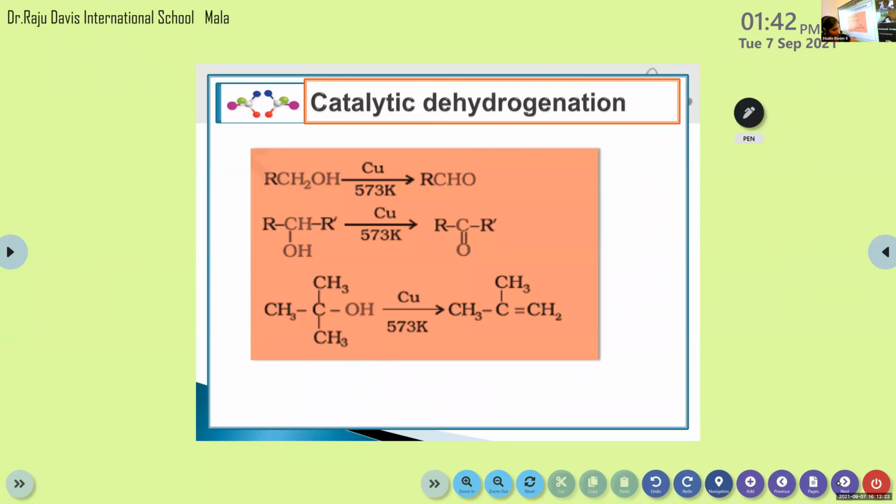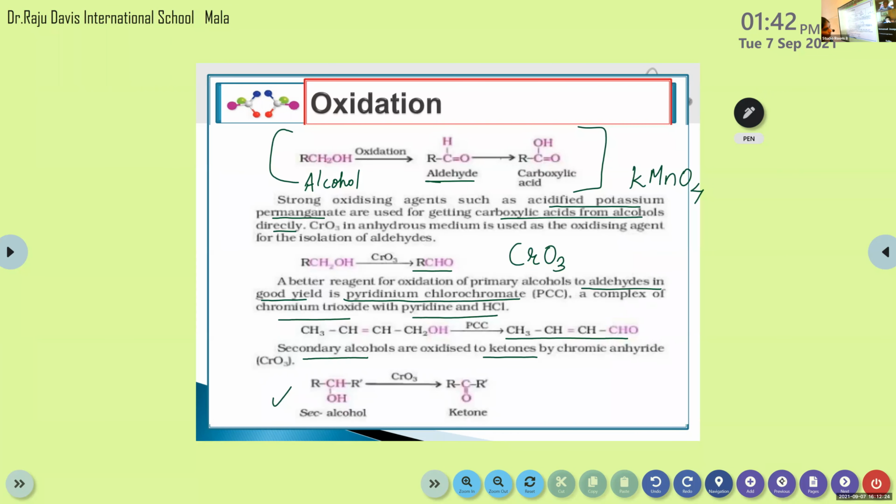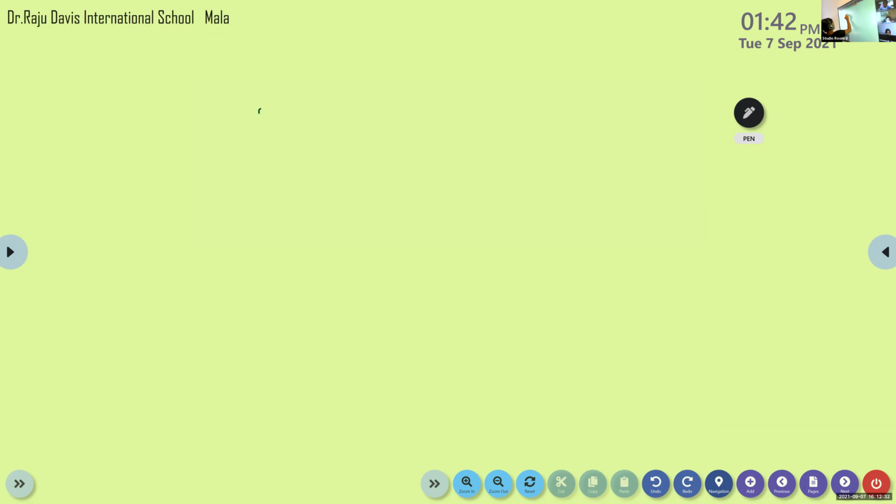Then, in the case of tertiary alcohols, they normally do not undergo oxidation reaction.